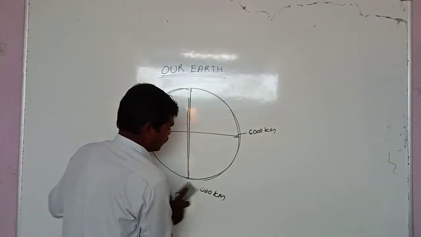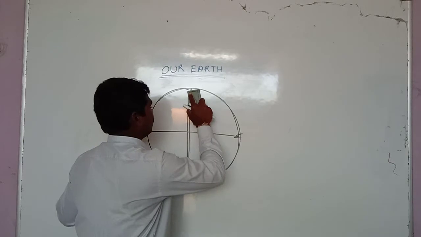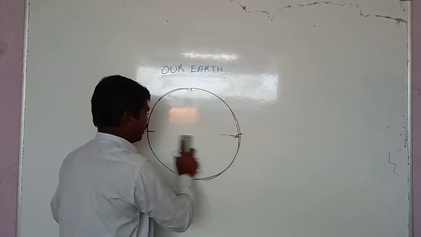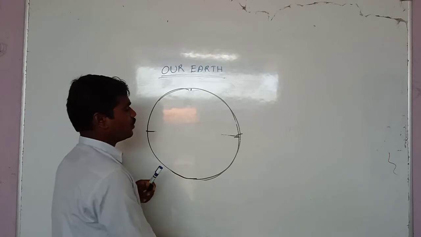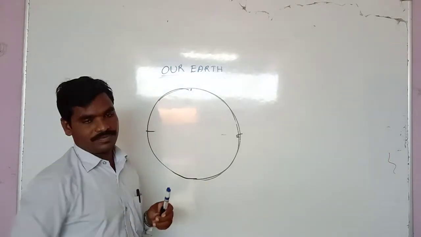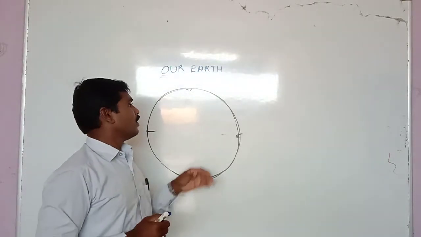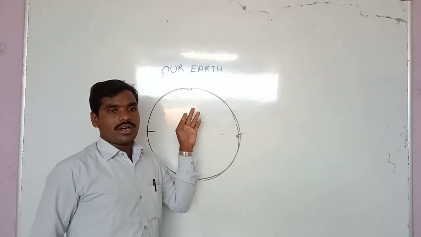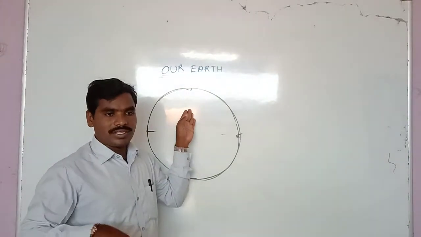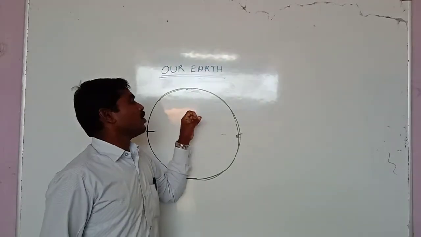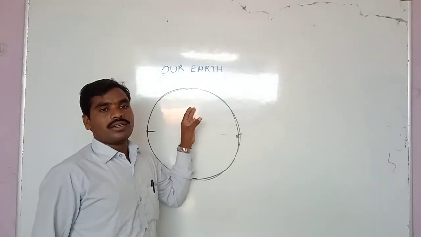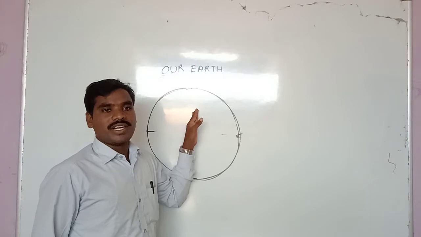Now we are going to discuss the structure of the earth. Generally this earth structure is divided into 3 layers. Do you ever think what is in the ground of the earth? Generally we get groundwater from the earth and some minerals.